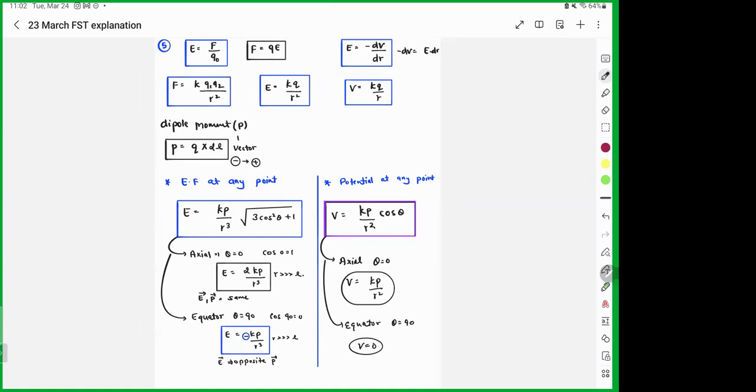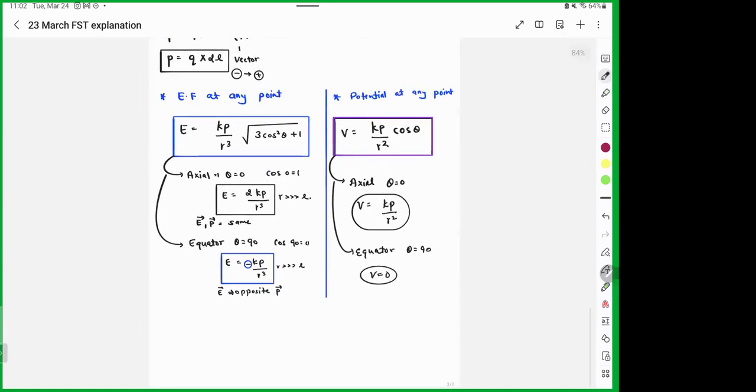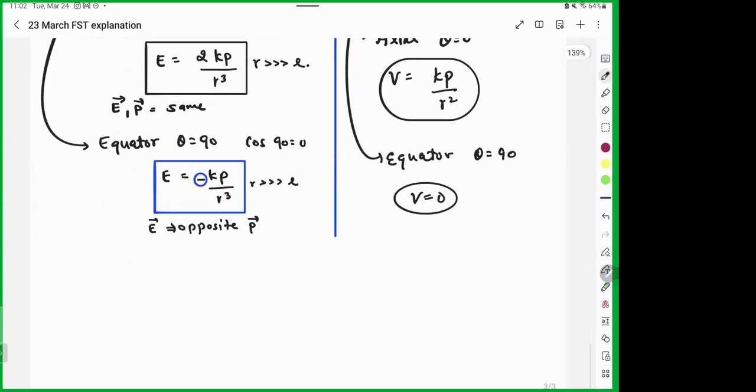But NEET once asks question directly from the proper formula, not this. In axial, if you calculate electric field, it will be actually 2Kp r divided by (r square minus L square) whole square.